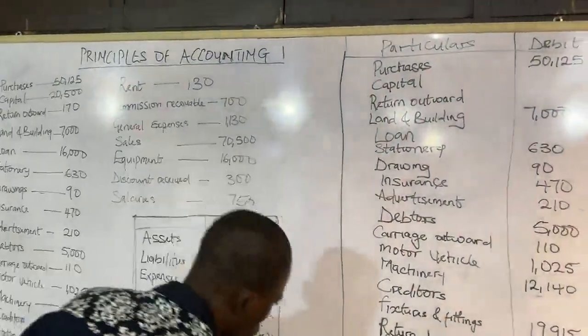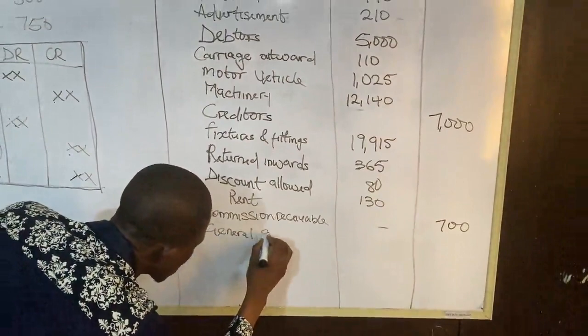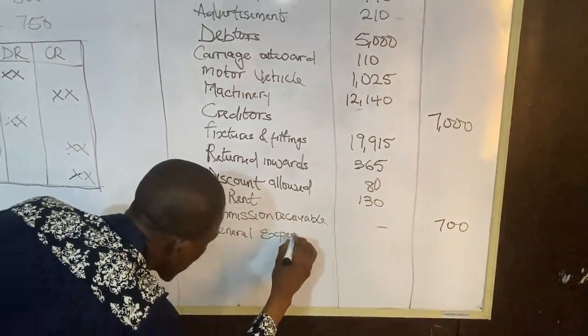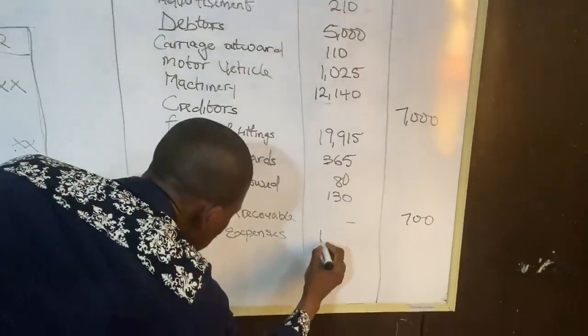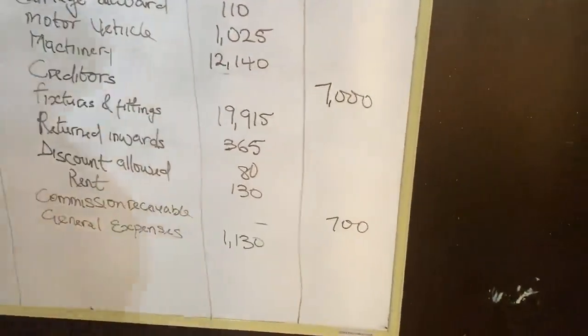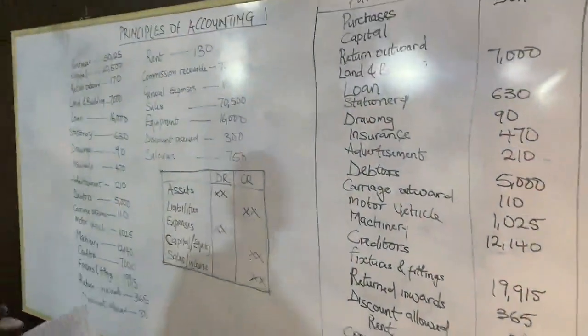General expenses is already an expense. 1,130. Sales and income will always be at the credit side.